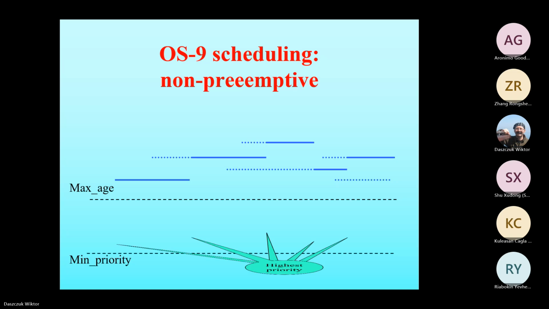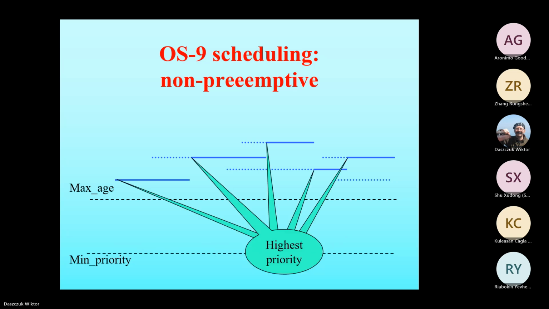When this process leaves the processor, a process with the highest priority is chosen. This is the non-preemption mechanism. The more important process arrives, but it does not get the processor until the other process leaves the processor.